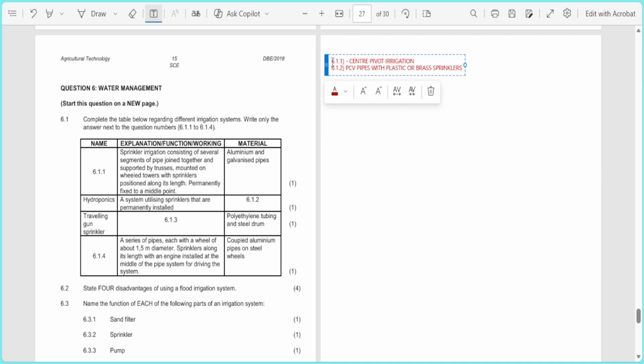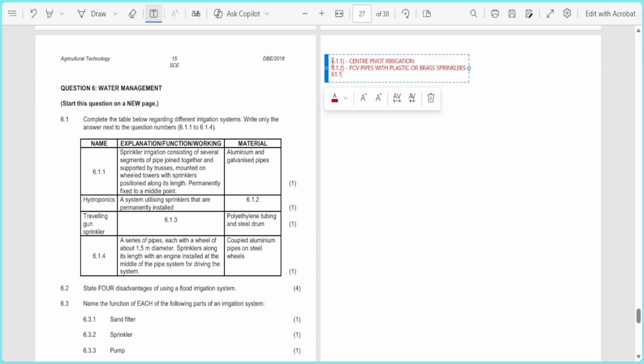Did I write that correctly? Yeah, sprinklers. So your hydroponic system is usually made out of PVC pipes or even sprinklers made out of brass.